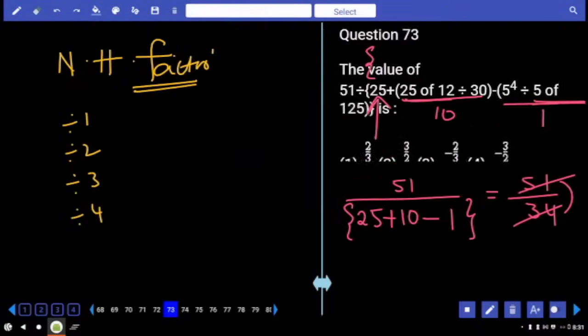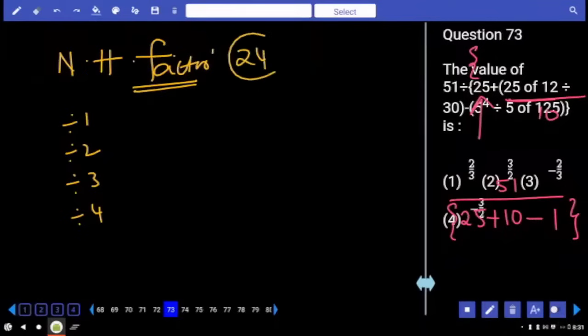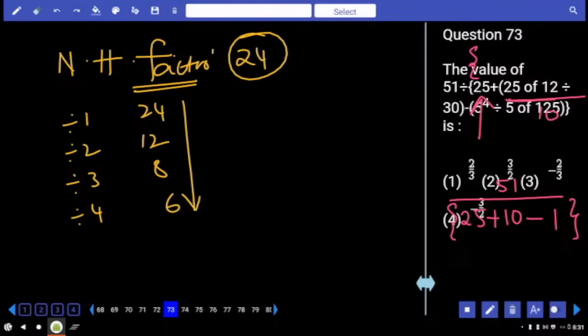For example, if the difference is 24, you have to cancel both the numbers with 24. 99% cases it works. If not, next highest factor is 12. Try to cancel it with 12. If not, divided by 3, 8. Next highest factor divided by 4, 6. So these are factors in descending order.